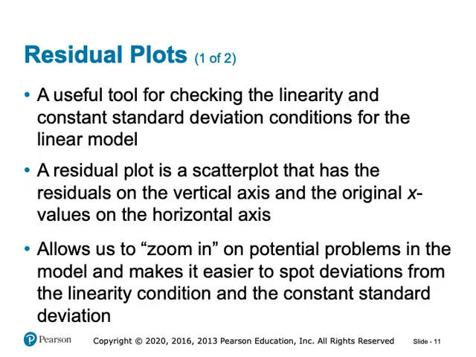However, if we observe a pattern, such as a curve or a fan shape, this indicates that one or both of these conditions may not hold, signaling a problem with our model. Residual plots are incredibly useful because they make these issues much easier to detect than simply looking at the original scatterplot of the data. As we move forward, we will explore how to interpret these plots and what to do if we find that the conditions are not met.